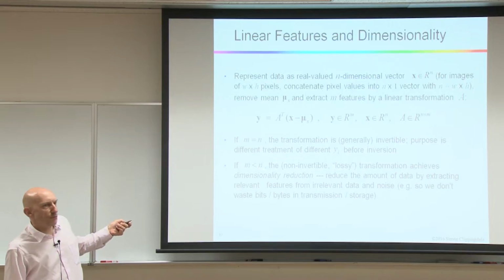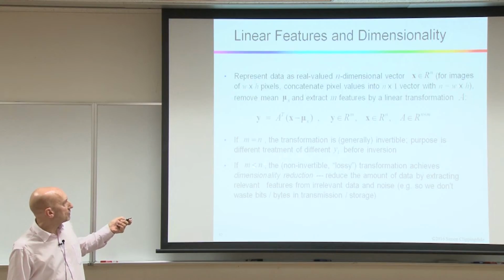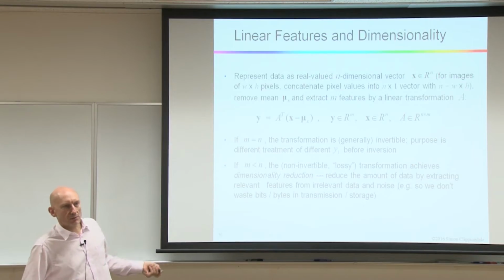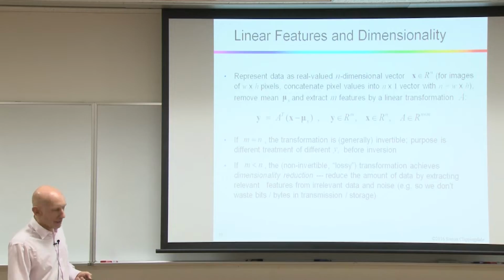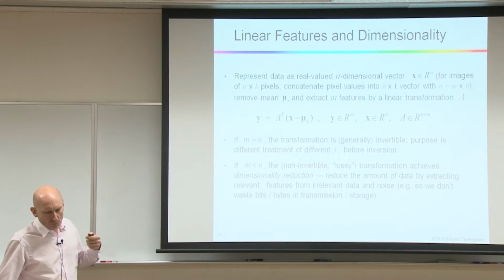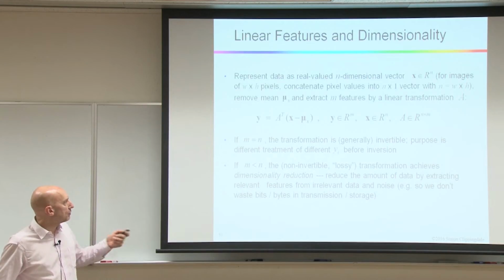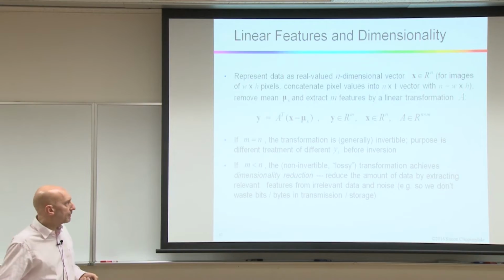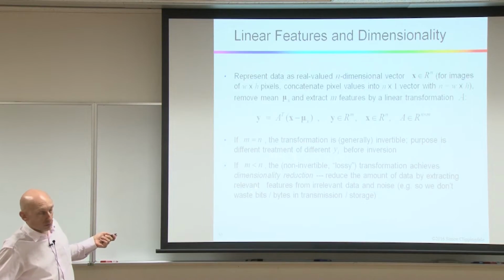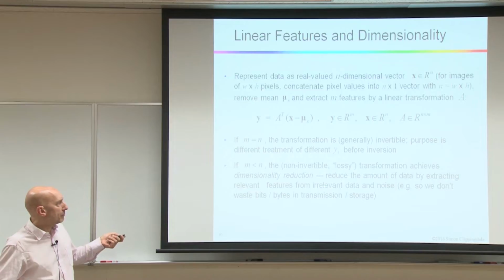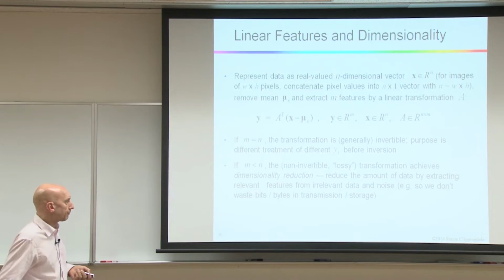So if the number of outputs is less than the number of inputs, then you can't invert the transform. It's a non-invertible or so-called lossy transformation, which sounds bad, but it has the good effect of reducing the dimensionality of the signal, or compressing it, in other words. So you're reducing the amount of data by extracting, hopefully, relevant features from irrelevant data and noise.